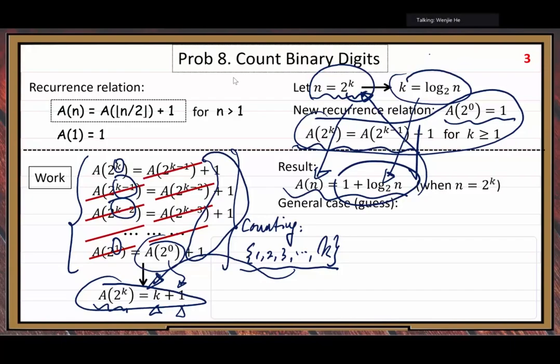So the guessing number should be close to this one, but it should also be an integer expression. That's our guidelines for our guess. Based on these two guidelines, what kind of guess do you want to make?